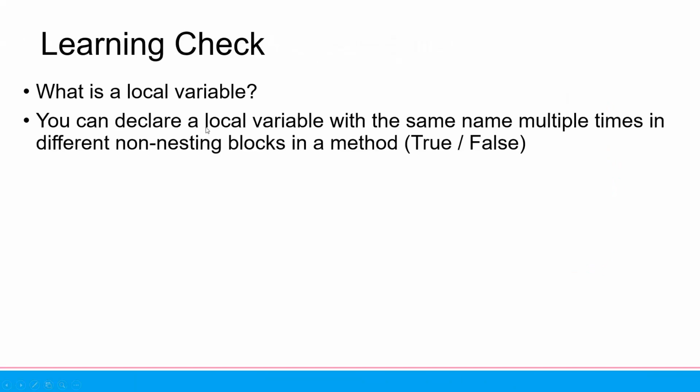Okay. Yeah, this is the local variable. What is a local variable? A local variable, we can say, is a variable inside a method. You can declare a local variable with the same name multiple times in different non-nesting blocks in a method. True or false?